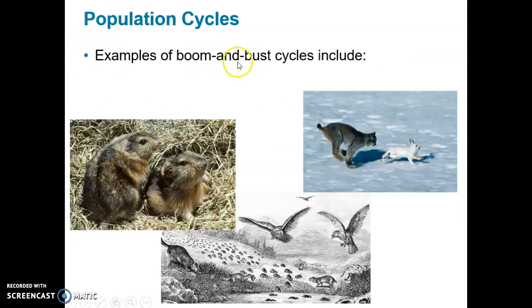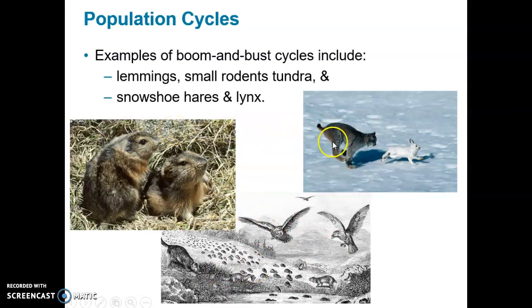So examples of boom or bust cycles include things like lemmings, which can have exponential growth, and then their numbers die back dramatically because of limiting resources, increased predation, disease, other factors. Snow hares, a type of wild rabbit, and a lynx, a wild cat.